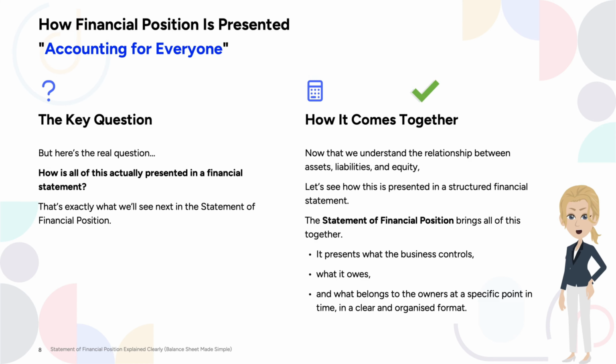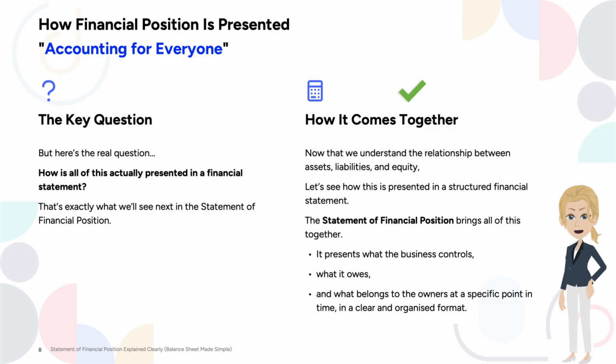Now that we understand the relationship between assets, liabilities, and equity, let's see how this is presented in a structured financial statement. The Statement of Financial Position brings all of this together. It presents what the business controls, what it owes, and what belongs to the owners at a specific point in time in a clear and organised format.